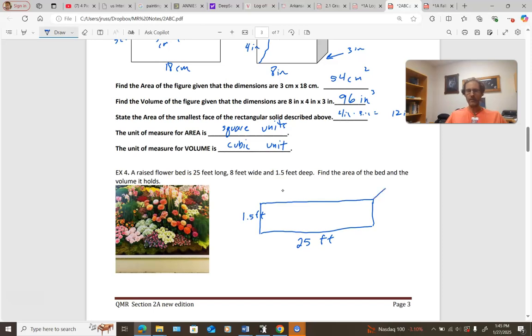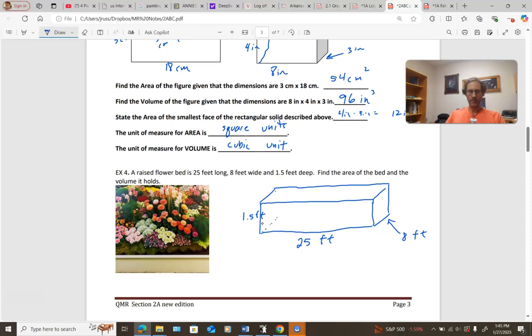Then because it's three-dimensional, it is 8 feet wide. Okay. Now when it says find the area of the bed, that means the bottom. So there's part of this that you can't see.